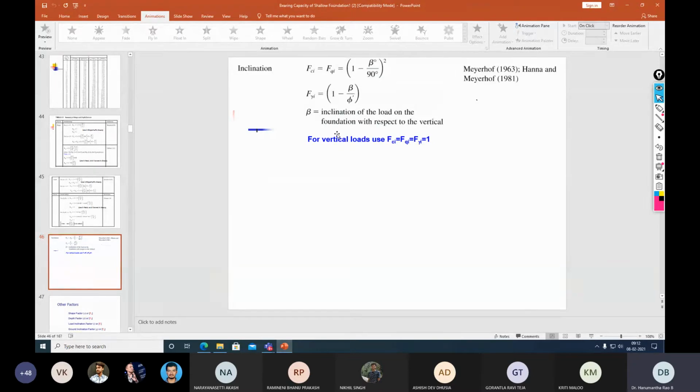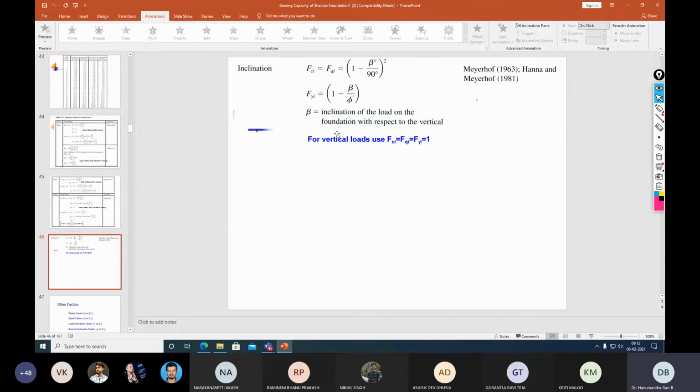This is another assumption in the Meyerhof theory. We also tried to understand that the Meyerhof theory is valid equally for shallow foundations as well as deep foundations.